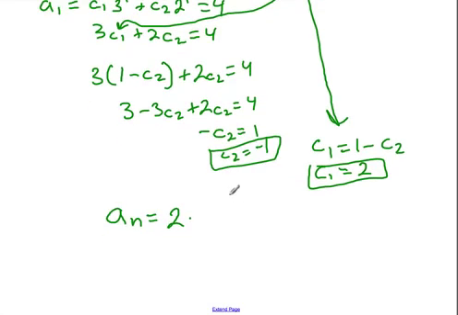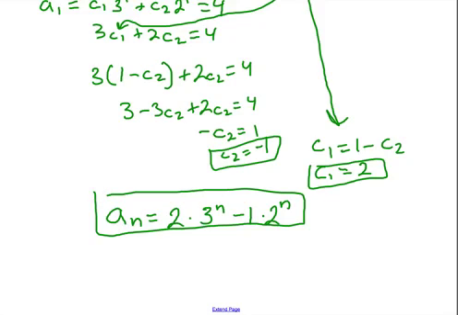So we get, x1 is 3, so that's 3 to the power of n. And c2 is negative 1, so we have negative 1 times 2 to the power of n. And there's our equation for any term in the sequence.